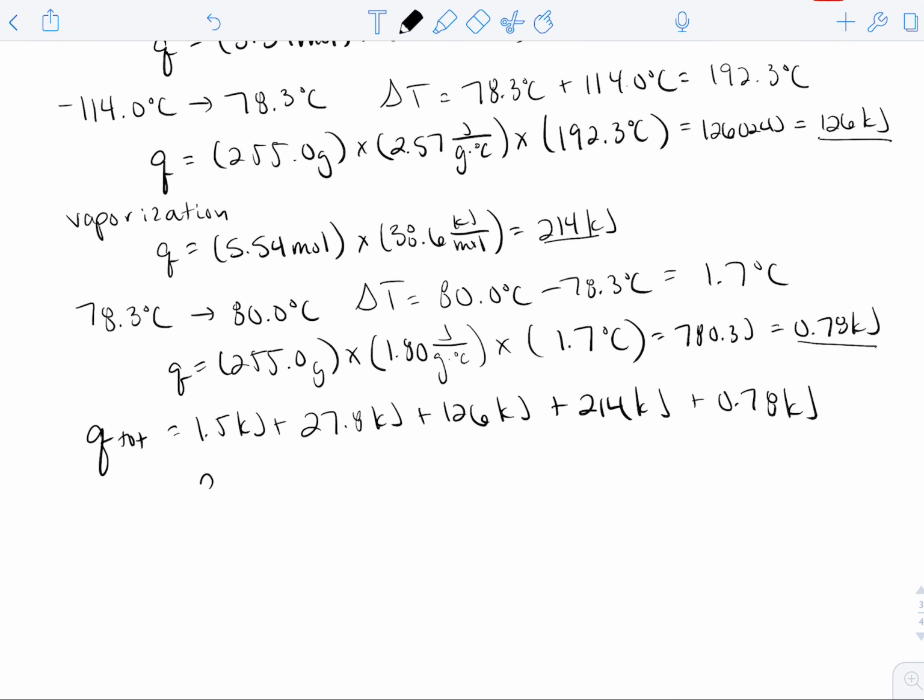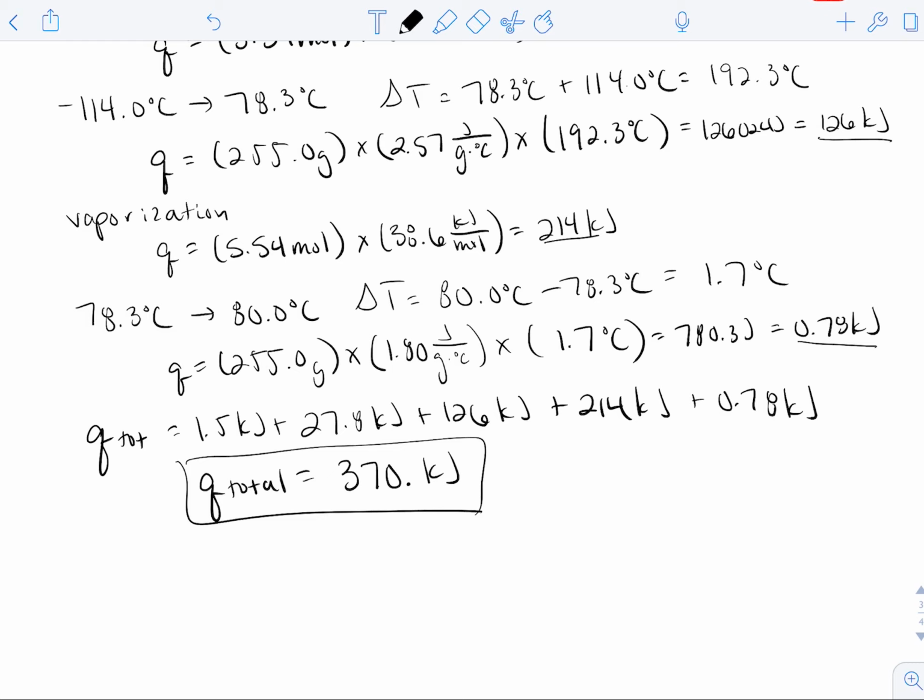Put all that together, we get a Q total equal to 370 kilojoules. And with addition and subtraction rules, we have no decimal place here. And that'll be our answer.